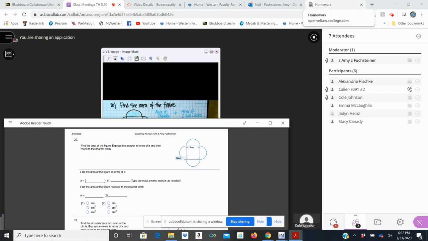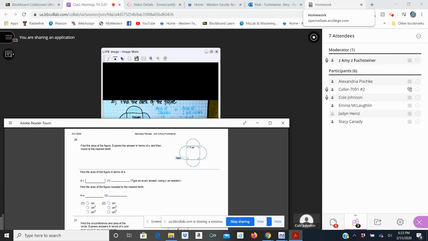The circle would, though. Yep. The radius would be 4. So now 4 squared is 16 times 2 is 32 pi. So 64 plus 32 pi inches squared is my exact answer.